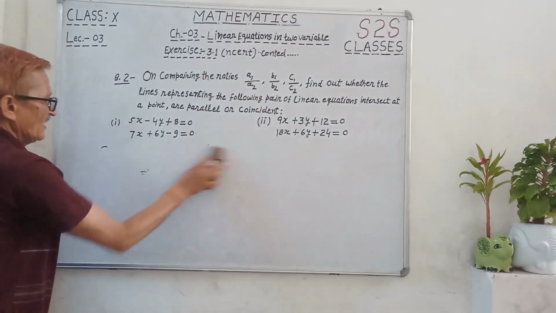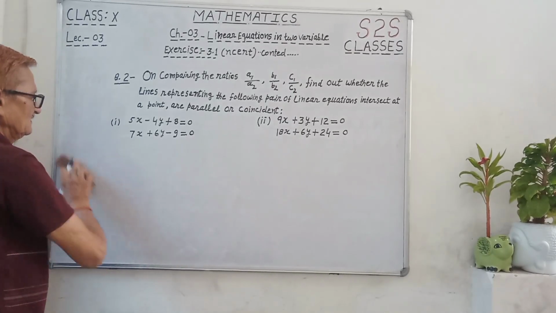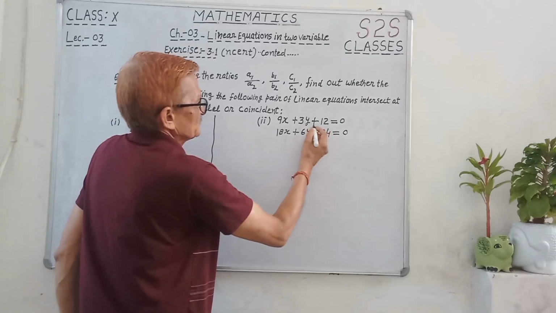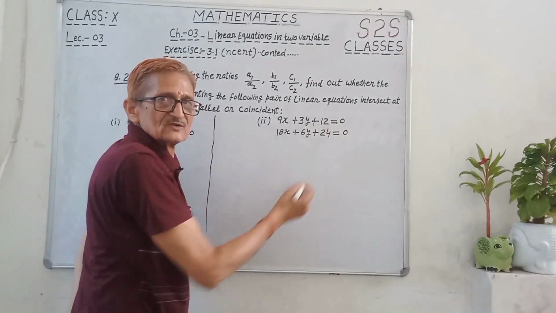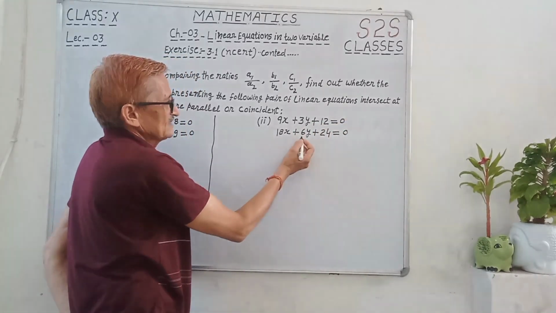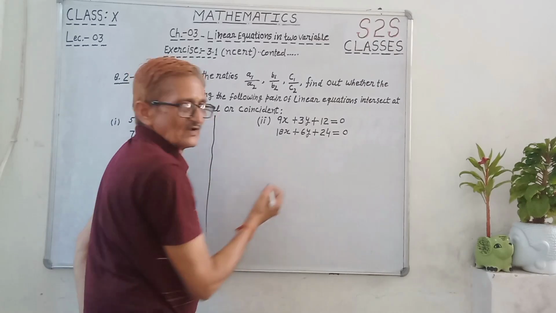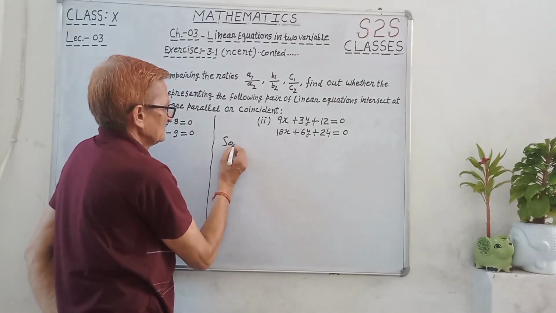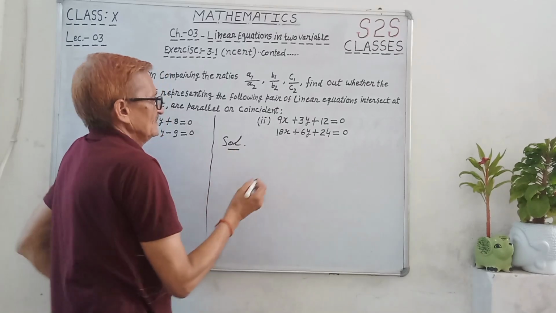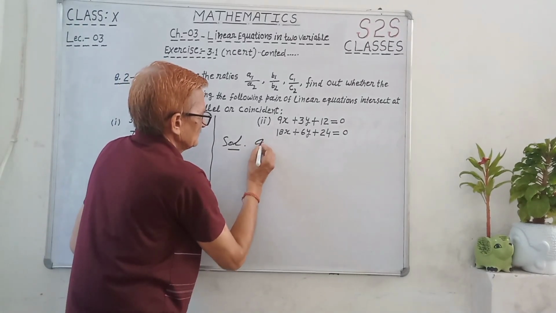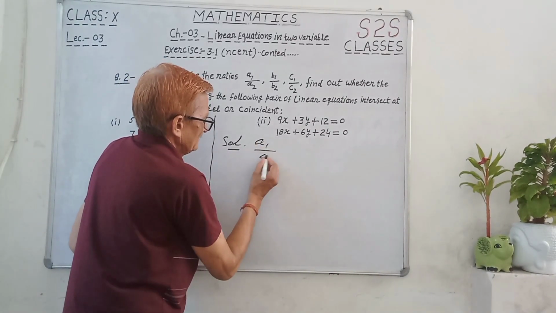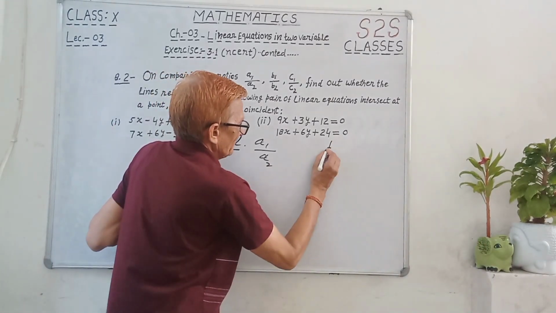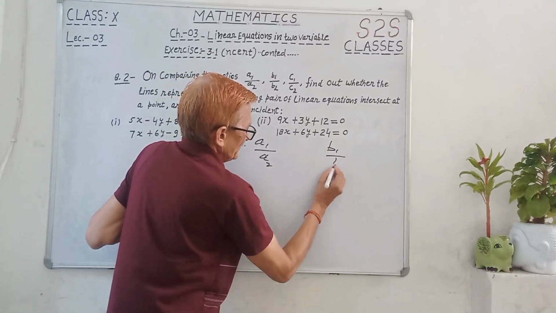See here, the second part is 9x plus 3y plus 12 equal to 0, 18x plus 6y plus 24 equal to 0. Now solution for this, finding the ratios A1 upon A2 value and B1 upon B2.